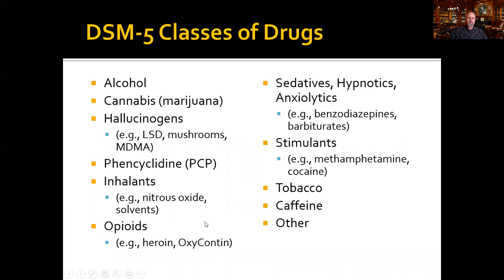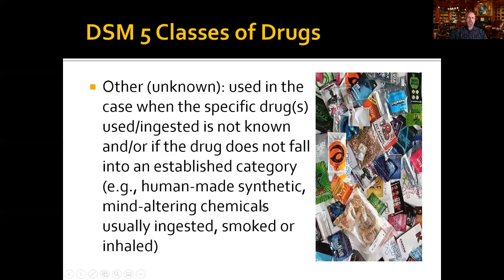The classes of drugs here: alcohol, cannabis, hallucinogens, PCP, inhalants, etc. Just note that for each one of these classes of drugs, you could have a use disorder. And then other is unknown drugs. In this case, this is when the specific drug that's being used is not known, or if it doesn't fall into an established category.